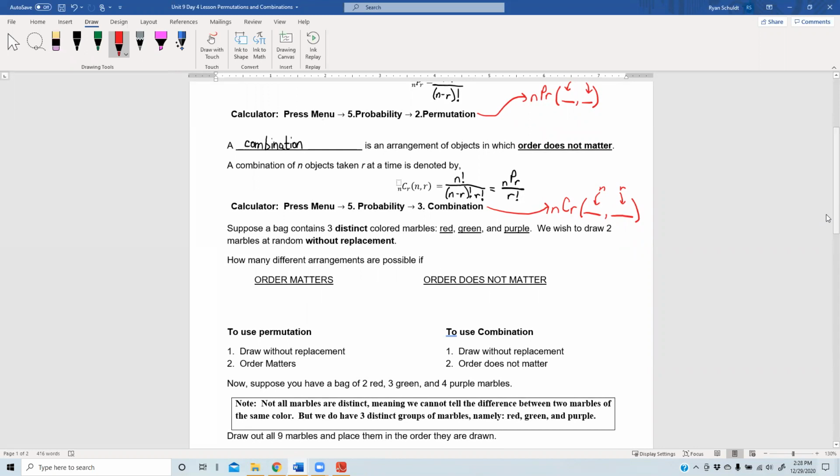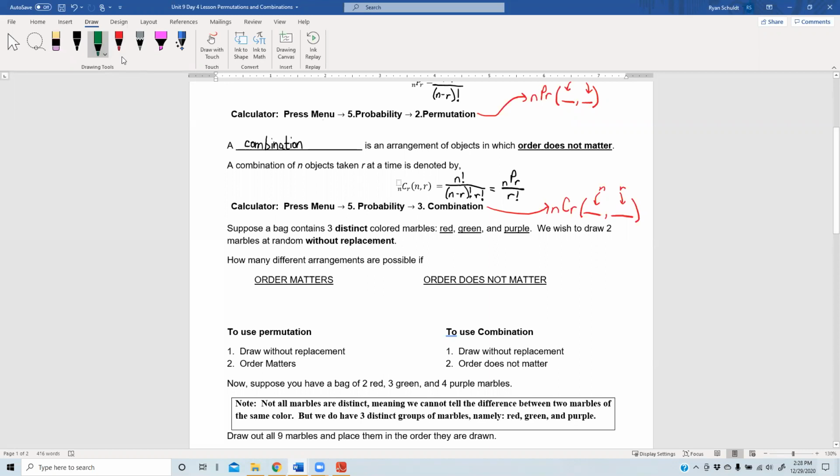So let's suppose a bag has 3 distinct colored marbles. We've got red, green, and purple. We wish to draw 2 marbles at random without replacement. So we're going to draw one, put it to the side, and draw another. How many different arrangements are possible if the first case is order matters?